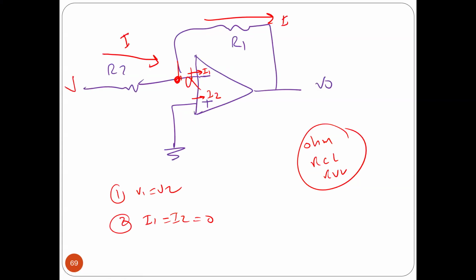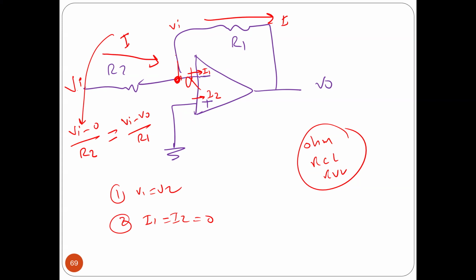For example, if you have an input here, I can say V input minus 0 divided by R2, which is this current here, is equal to V input minus V output divided by R1. This is for the inverting amplifier.